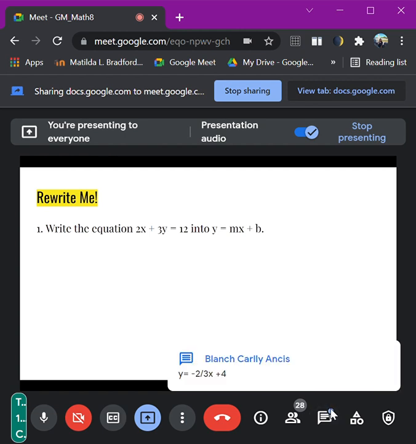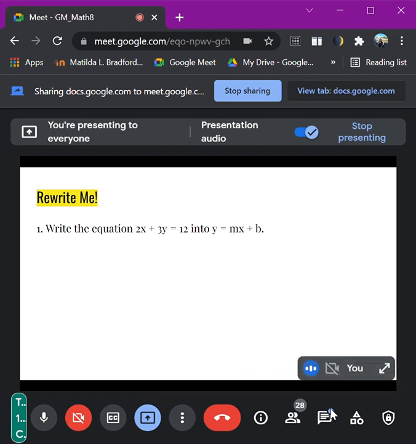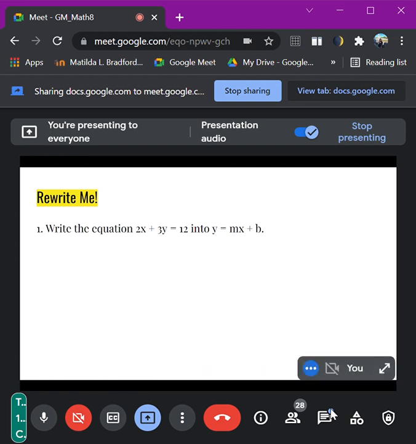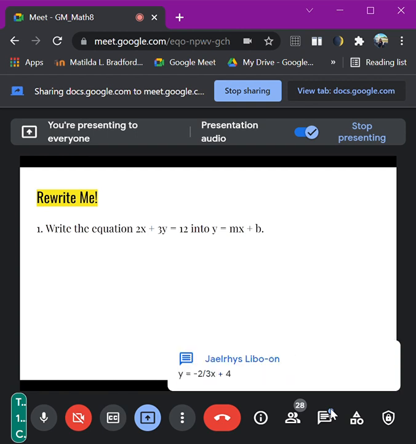We have y is equals to negative 2/3 x plus 4 from NCIS. Same as well from Libuon and Grafe.